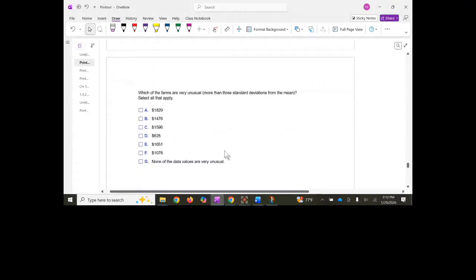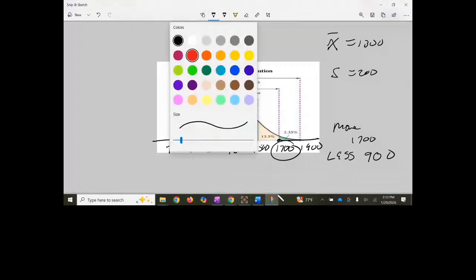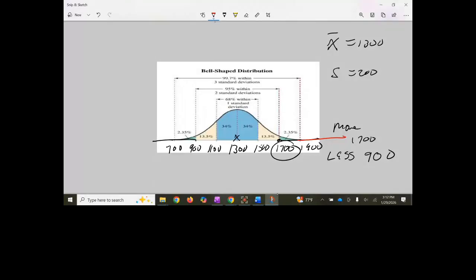Now let's look. Okay, there's a part B to that question. Which of the farms are very unusual, more than 3 standard deviations from the mean? Okay, so I'm going to come back over here. Okay, now if we're talking about very unusual, y'all, we want to know more than 1,900 and less than 700, right?